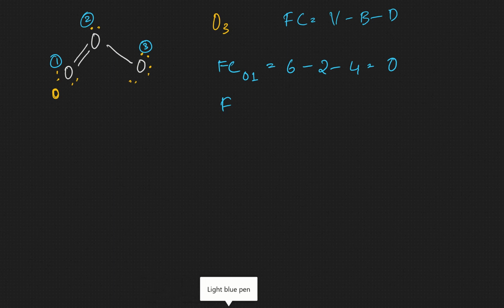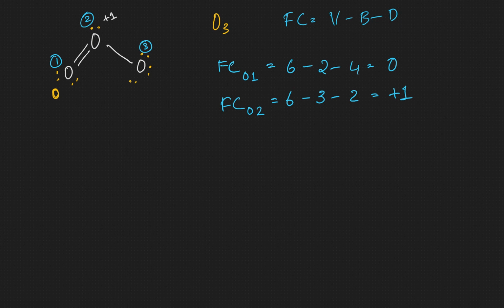Next we are calculating the formal charge on oxygen 2. Here it is 6 minus number of bonds, 3, minus number of dots, 2, so 6 minus 5, that is plus 1. So this second oxygen is plus 1.